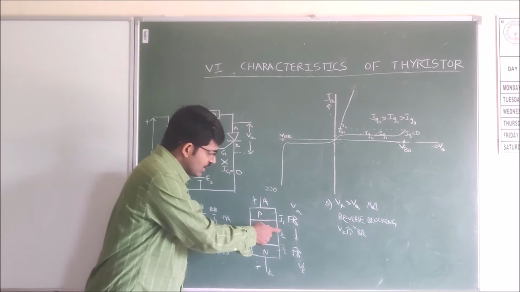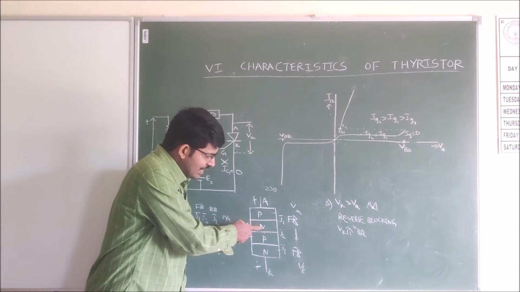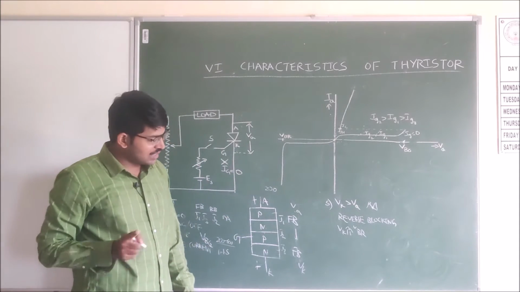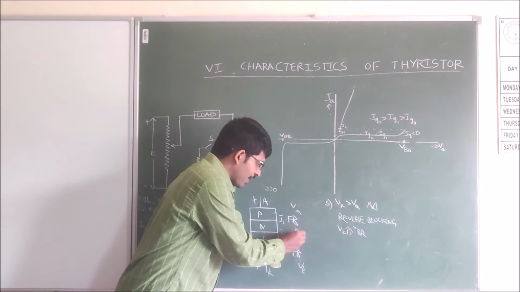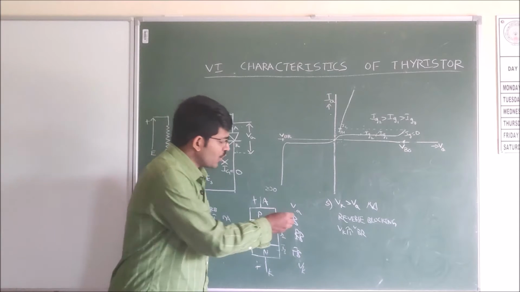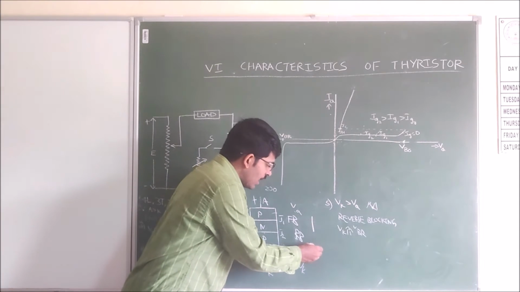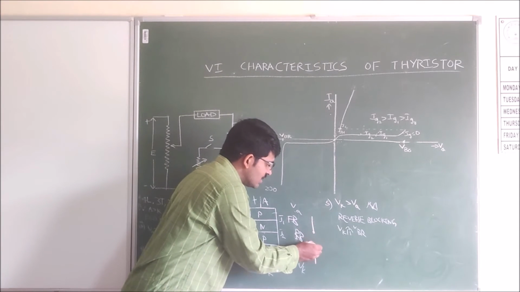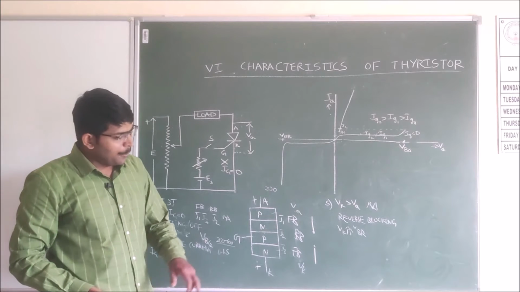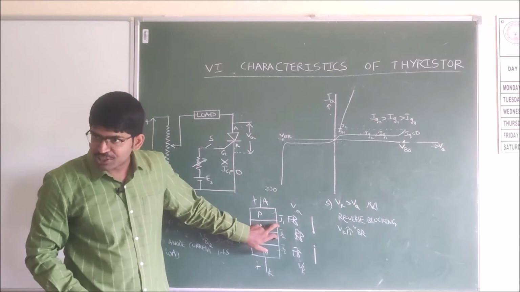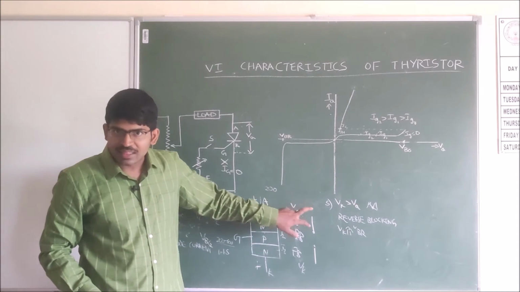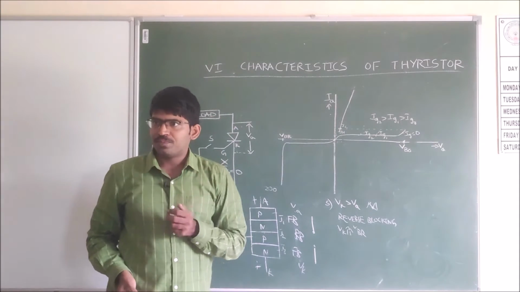For the J2 junction, at the N region there is a positive voltage, that's why it is reverse biased. So it appears like this is on, but this is off. Because of this junction J2, the thyristor is in off state.